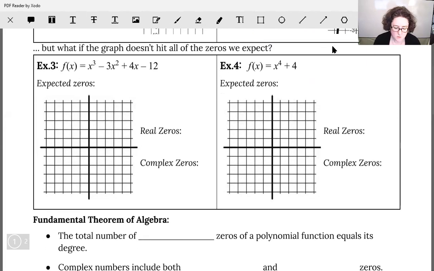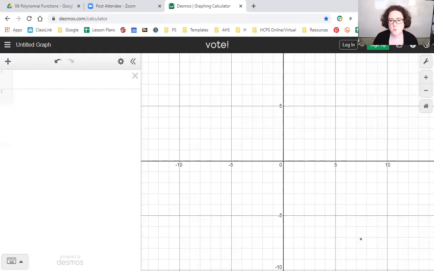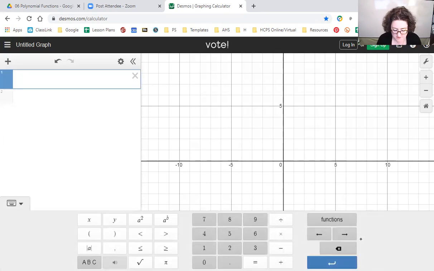So here we go. Example 3, we have our function, it's a cubic, highest exponent is 3. So let's pop over to Desmos and sketch it out. So we've got our function, f of x, or y equals, and then we have x cubed.